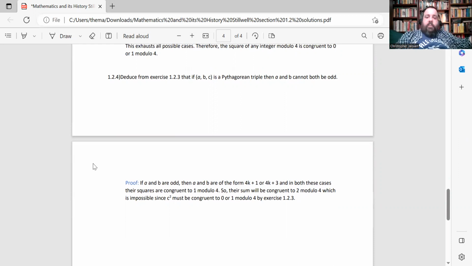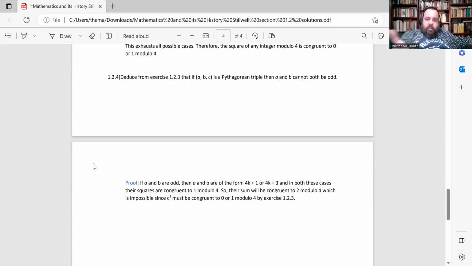And in both of those cases, when you square the number, remember you get a number that's congruent to 1 mod 4, which means that when you take A squared plus B squared, you'll get a number that's congruent to 2 mod 4 in either of those cases, right? That's if A and B are both odd, and obviously that can't happen.